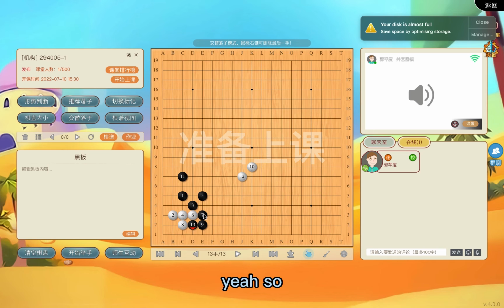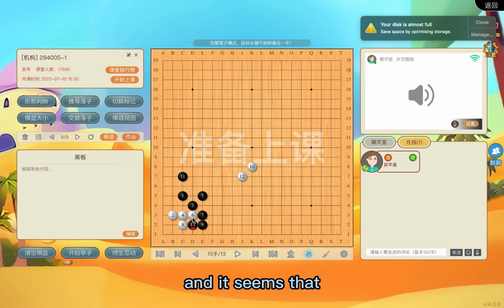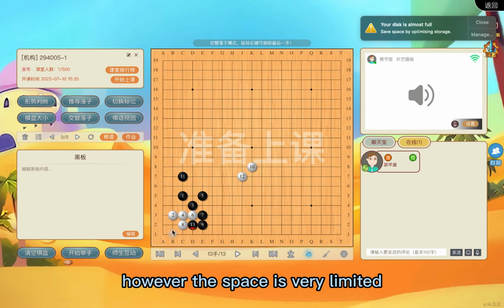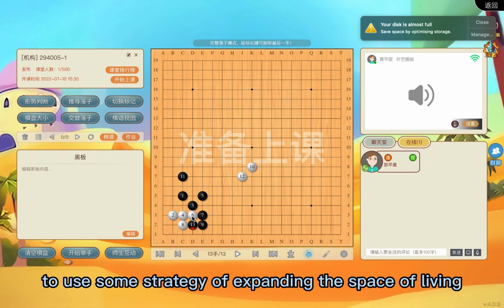Yeah, so again, those four white stones are surrounded, and it seems that it cannot escape and it can only make itself alive on this corner. However, the space is very limited, as you can see here. But white is able to use some strategy of expanding the space of living on this corner.